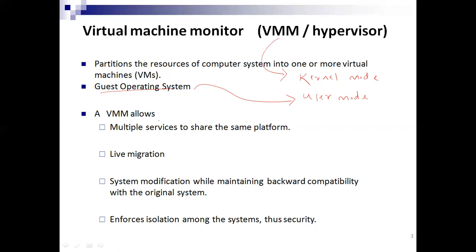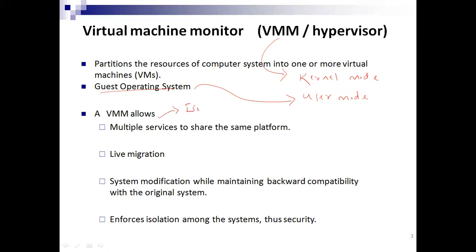Apart from this, we can see more about the virtual machine monitor. The virtual machine monitor allows several operating systems to run concurrently on a single hardware platform. At the same time, the virtual machine monitor enforces isolation. This is very important.